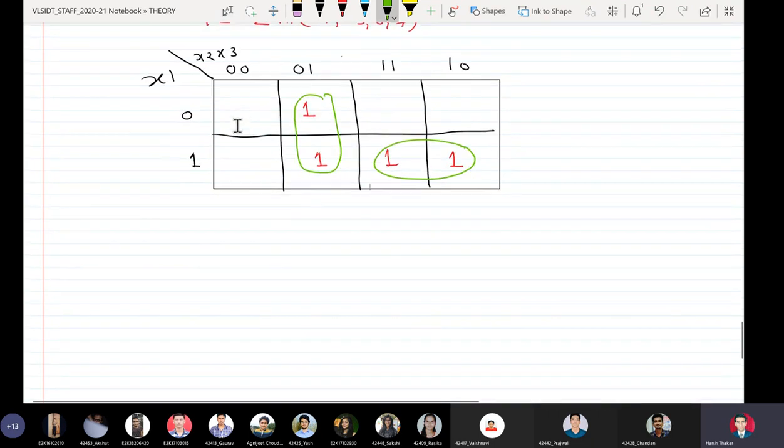So y is equal to x2 bar ANDed with x3 ORed with x1 x2, right?